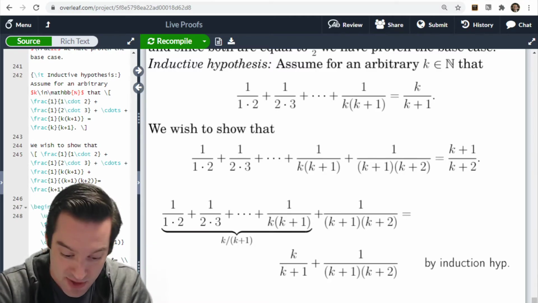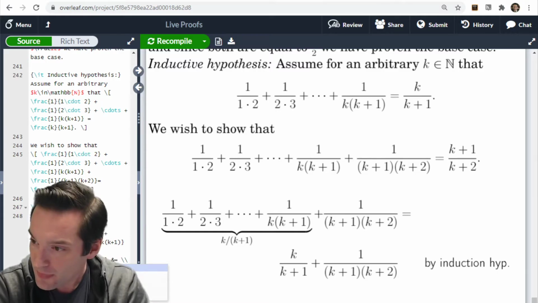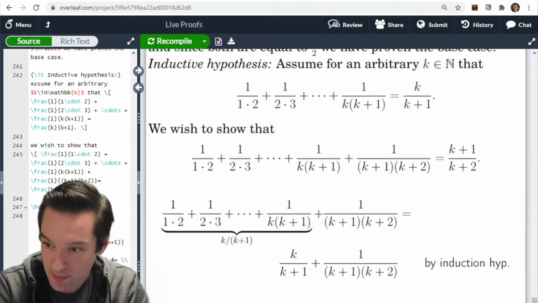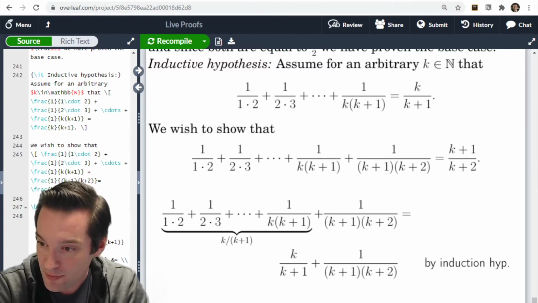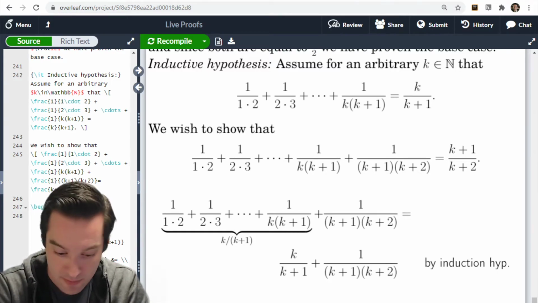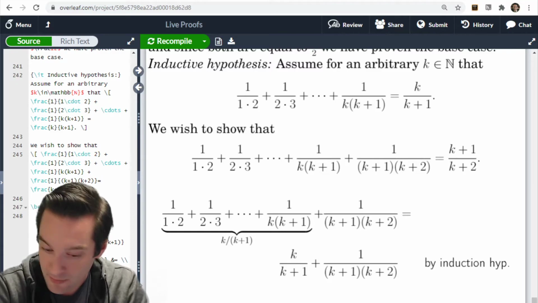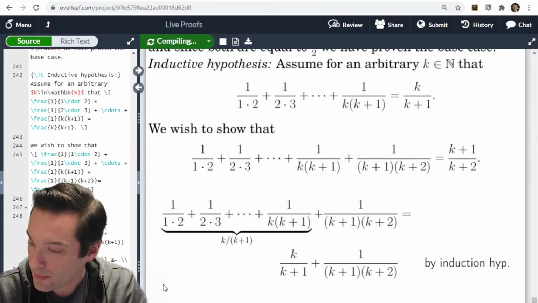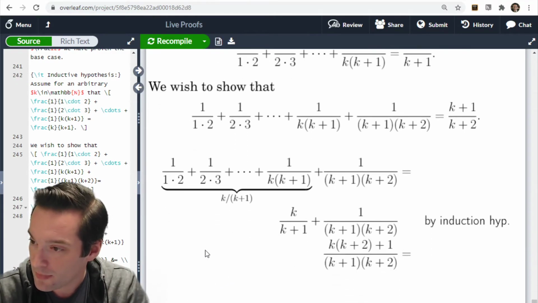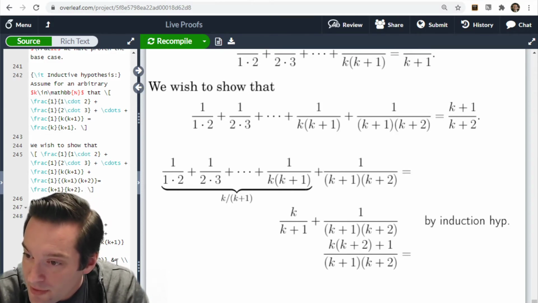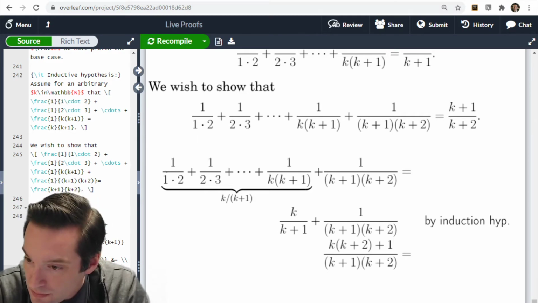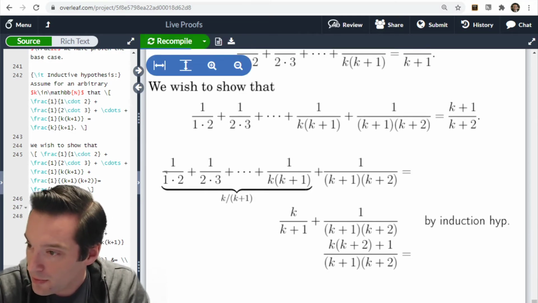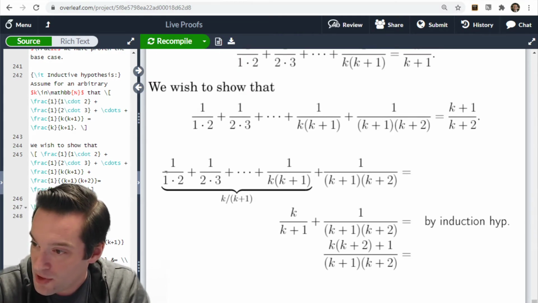We'll get that common denominator and make this k times k plus 2 plus 1 divided by k plus 1 times k plus 2. I'm forgetting my equal signs in too many places here. There we go. That's equal to that, which is equal to that.